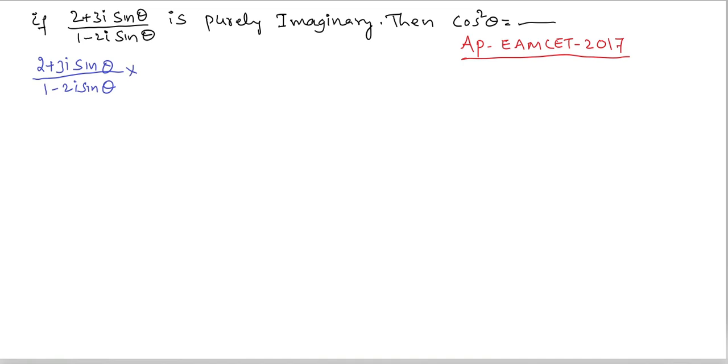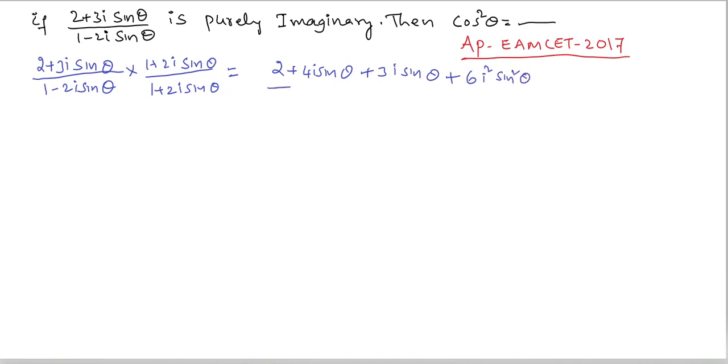Now we take rationalization, multiplying and dividing by 1 plus 2i sin theta, equal to 2 plus 4i sin theta plus 3i sin theta plus 6i square sin square theta by 1 minus 4i square sin square theta.